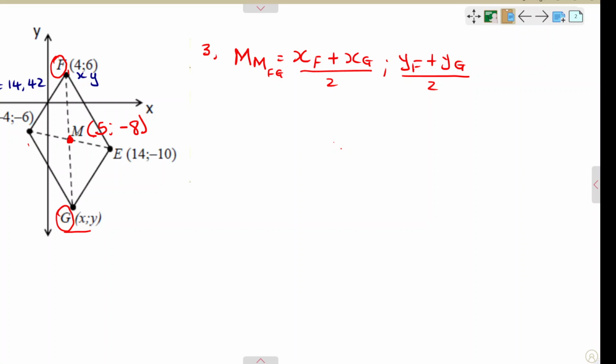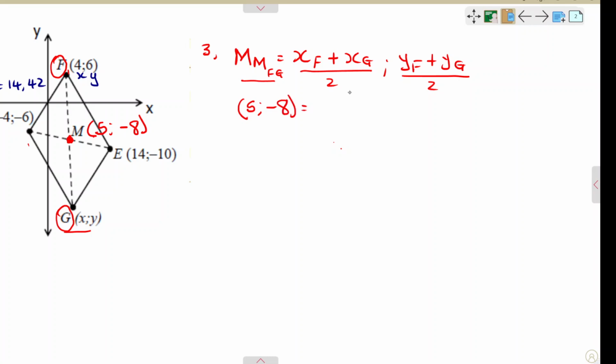So I'm going to use the midpoint formula, looking for the coordinates of G, which is on the line FG passing through the midpoint M. The coordinates of the midpoint are known. So under this midpoint M, which is the midpoint of FG, I'll write the x-coordinate is 5 and the y-coordinate is negative 8.